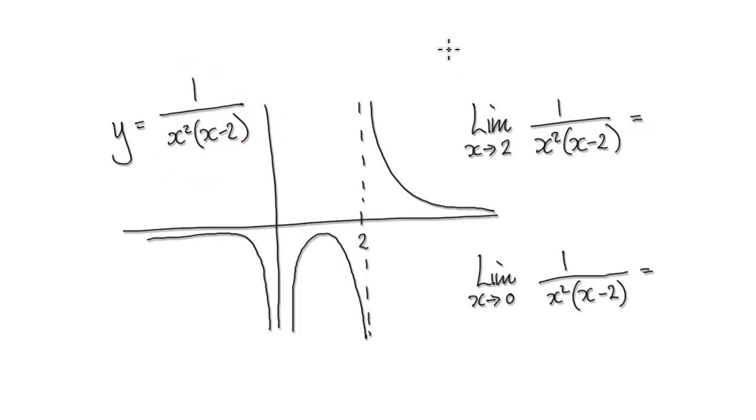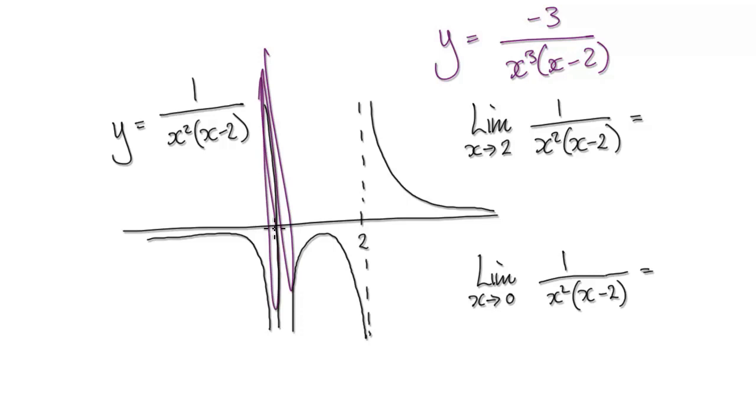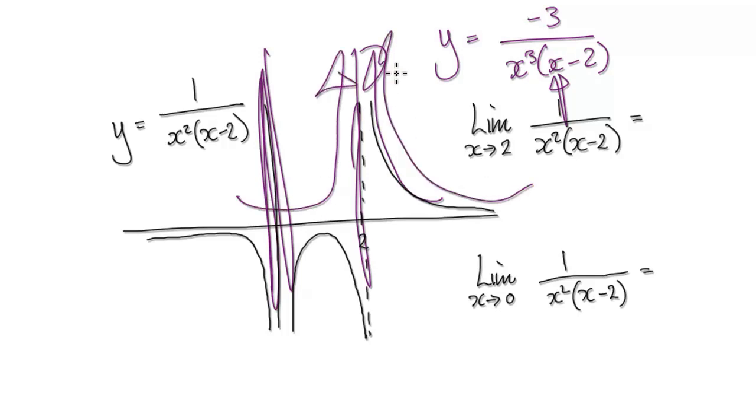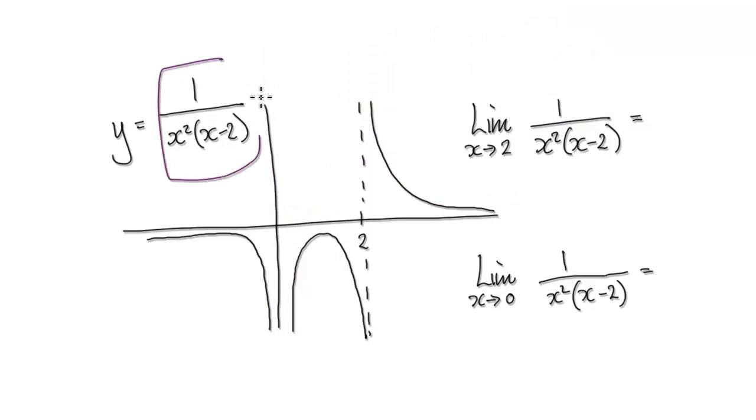For example, if I were to give you y equals, I don't know, negative 3 over x to the power 3, how can you tell? We know that it breaks down at 0. We know that it breaks down at 2. How can you tell if it shoots up and shoots up, or if one shoots up and one shoots down? How can you tell?